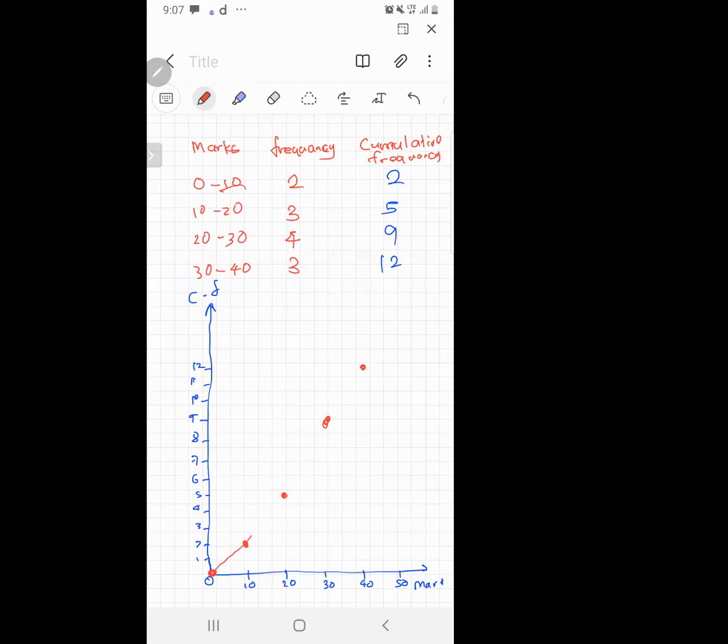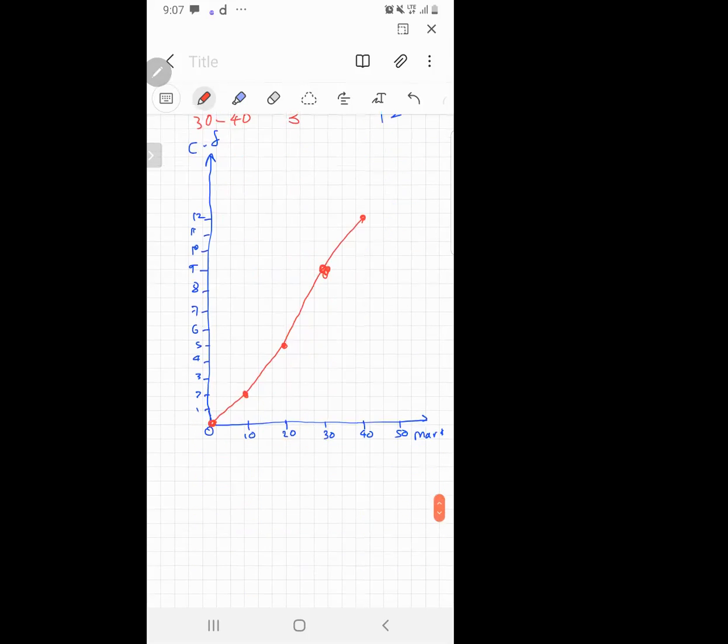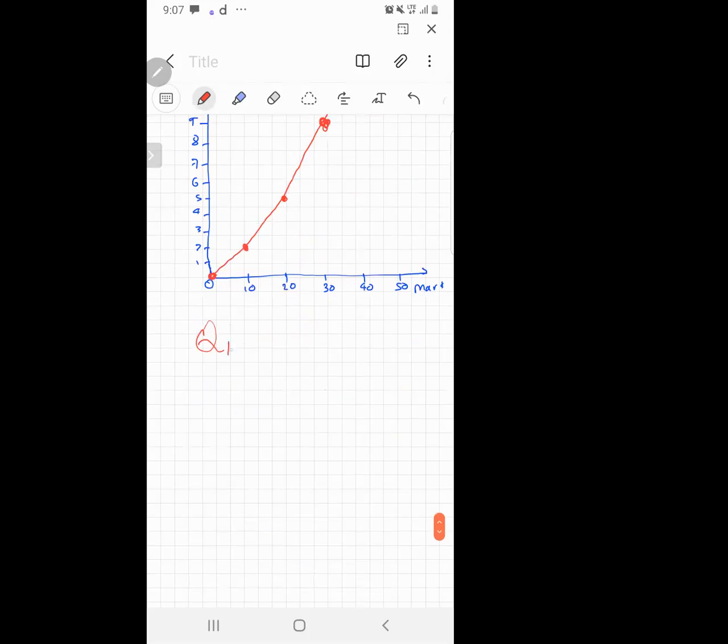So here is my cumulative frequency graph. So here I am going to find first quartile. What is the equation for first quartile, makkal? 1/4 into n. How many terms are here?